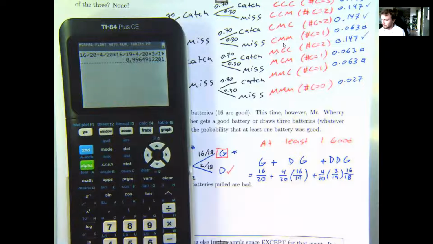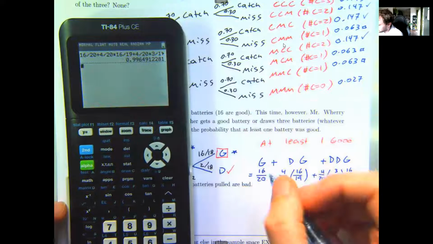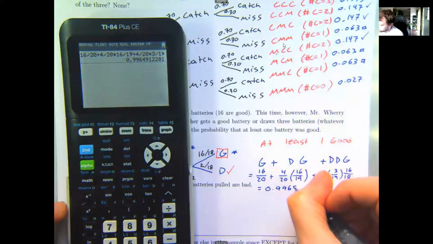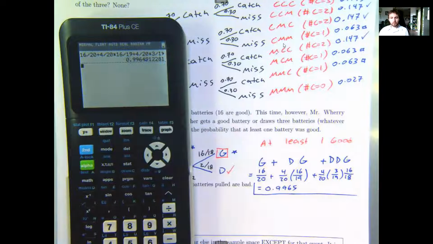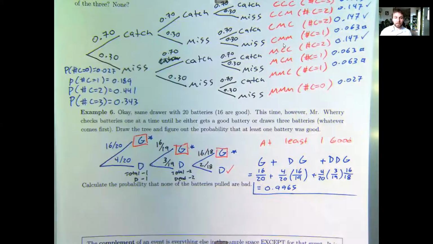When I did this, I ended up getting something like 0.9965-ish. So there's roughly a 99.65% chance that I'm going to get at least one good battery in this pull.